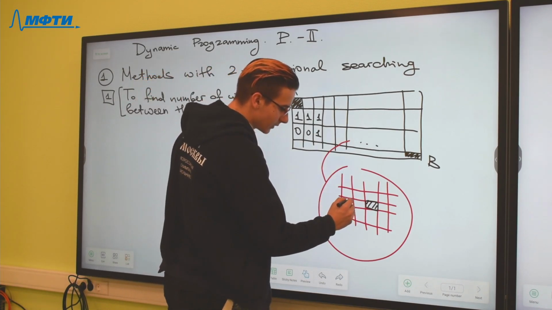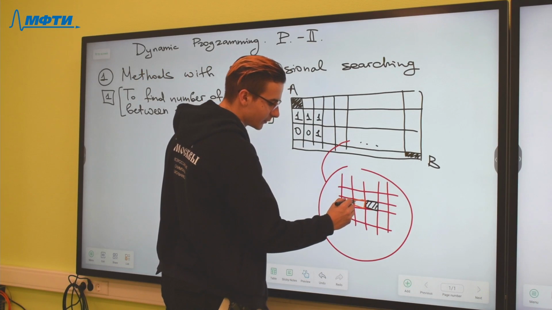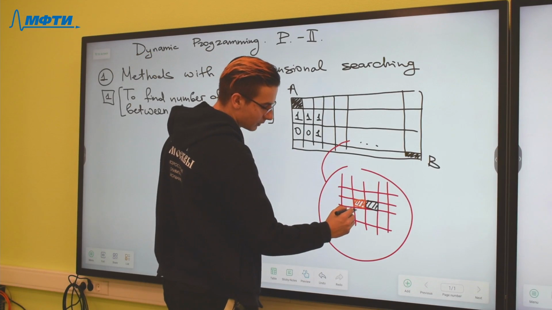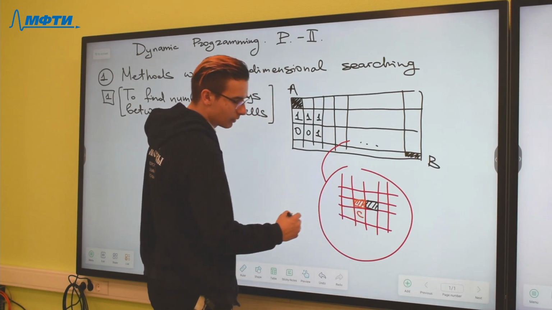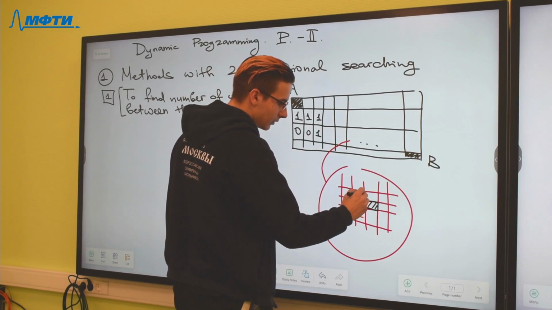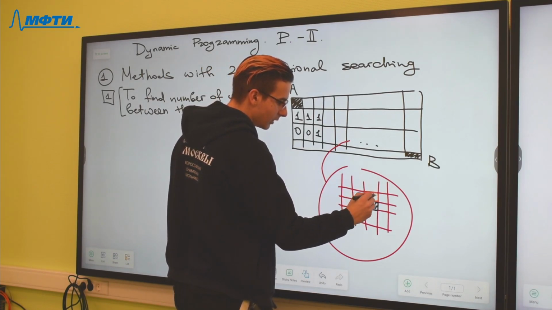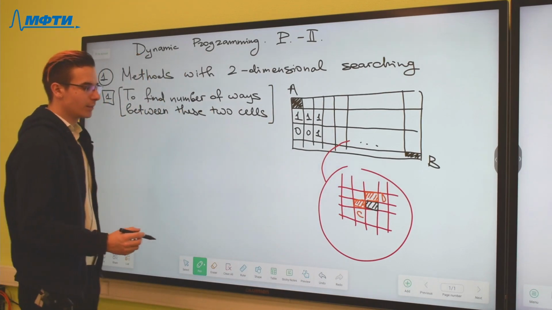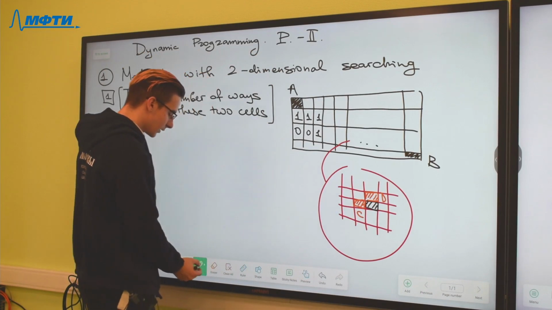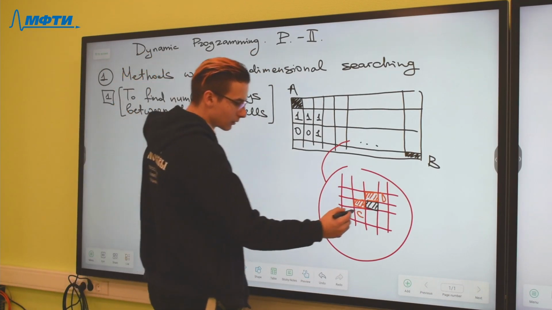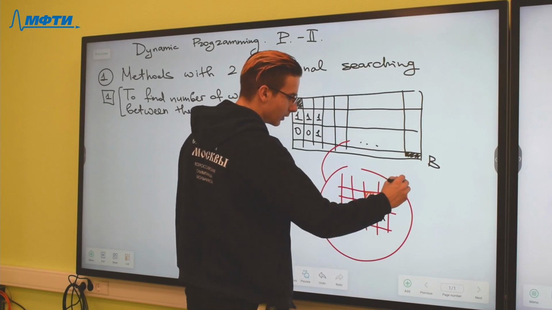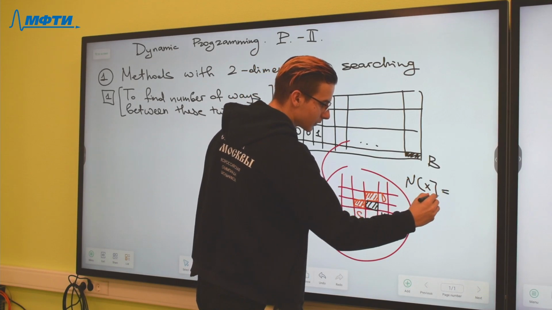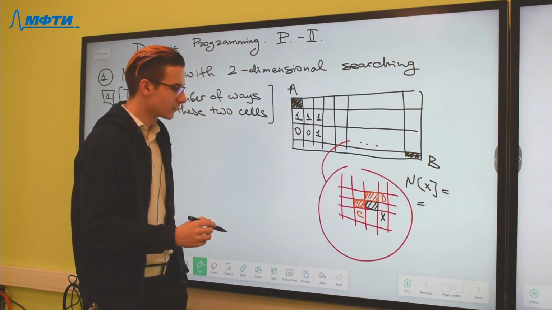So if we know the number of paths from A to this cell, and we know the number of paths from A to cell D, then the number of paths to a new cell x is equal to the sum of these two numbers.